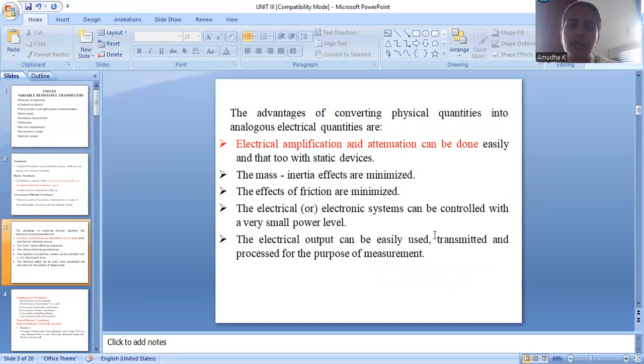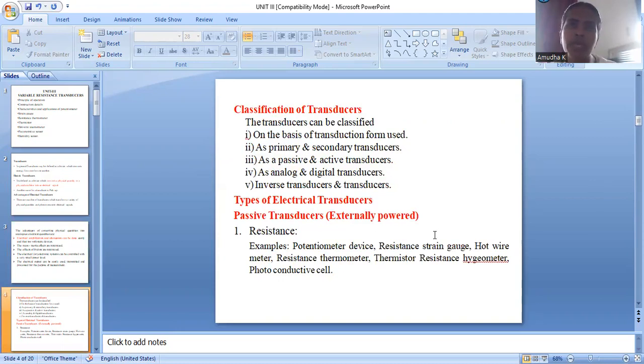These electrical or electronic systems can be controlled with a very small power level, so the system can be controlled automatically. The electrical output can be easily used, transmitted, and processed for the purpose of measurement. These are all the advantages of converting physical quantities into an electrical quantity.